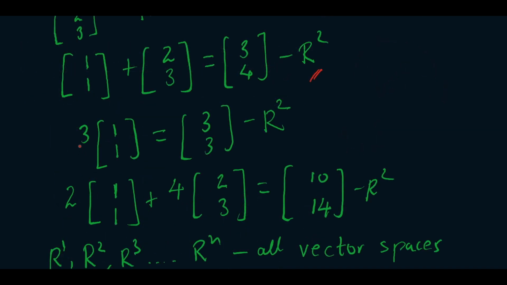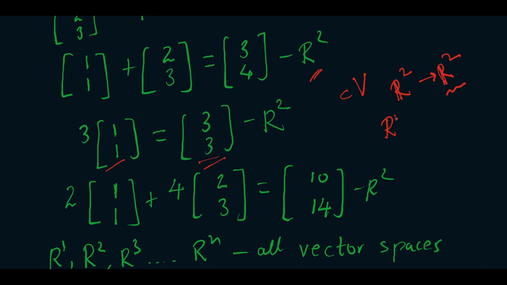Similarly, if we take 3 times the vector 1, it gives us (3, 3). So it is c times a vector v, that is a scalar multiplied by some vector. So this is also in R square. So the linear combination of the vectors which are in R square also gives us vectors that are in R square.